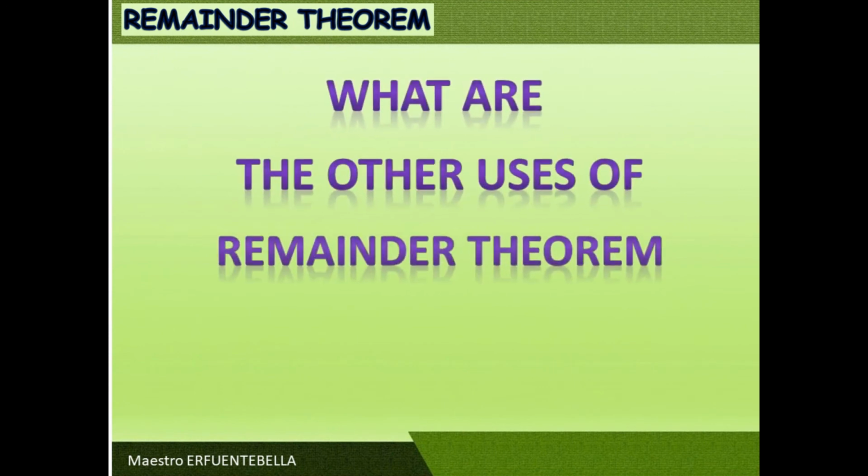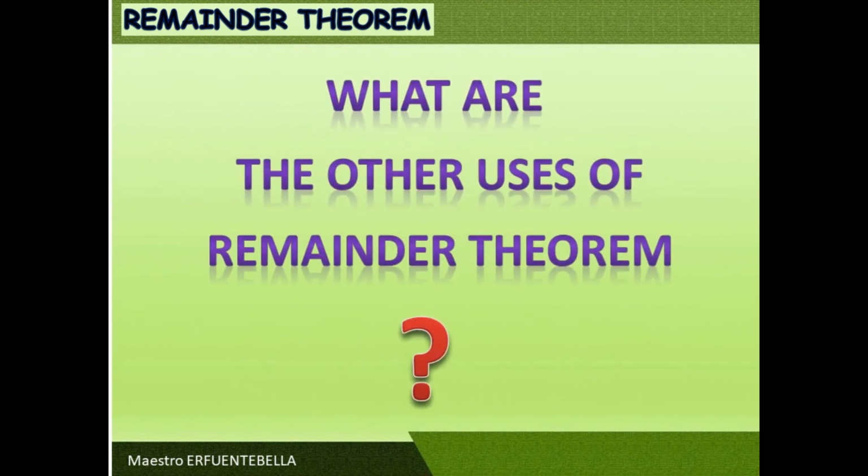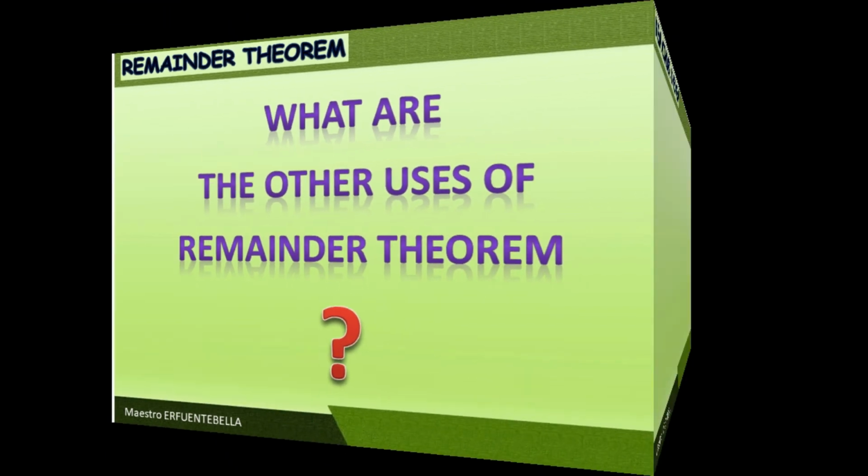So what are the other uses of the remainder theorem? Okay, we can also use the remainder theorem by evaluating the polynomial, or by finding the value of the polynomial given the value of x.